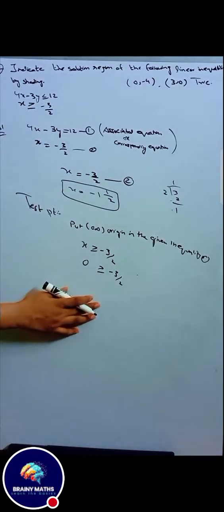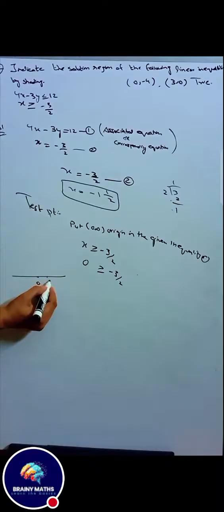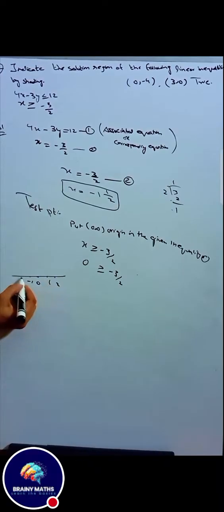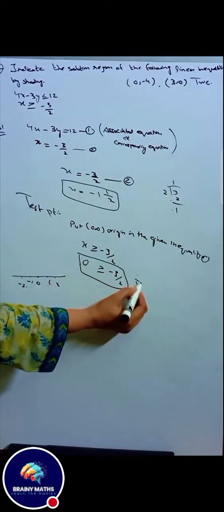Is this true or false? Got it? This is the number line: 0, 1, 2, minus 1, minus 2, and so on. Is 0 greater than the negative number minus 3/2? Yes, it's true. All negative values are less than 0.